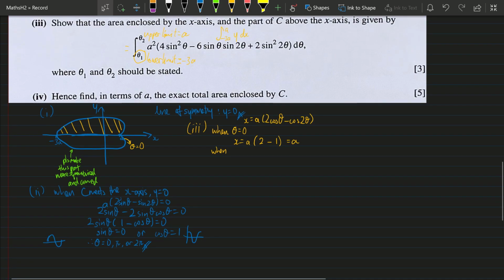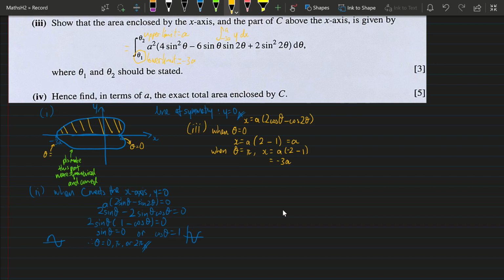If you're a genius, you would know that when theta is pi, actually x is negative 3a. But if you're not, let's just work out a few more steps. 2 cos pi is negative 1, so it's negative 2. Cos 2 pi is 1, so that's minus 1 here. So theta equals pi gives negative 3a. I'm just doing it as quickly as I can so we can spend more time on the more fun things.